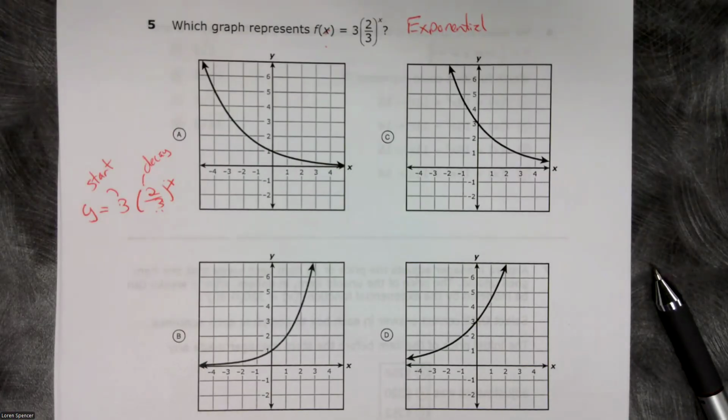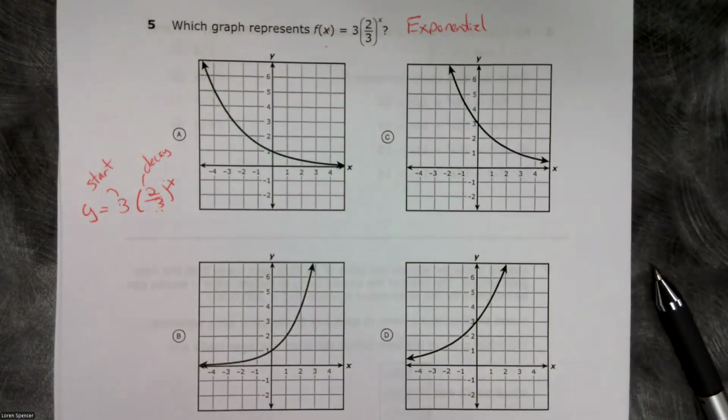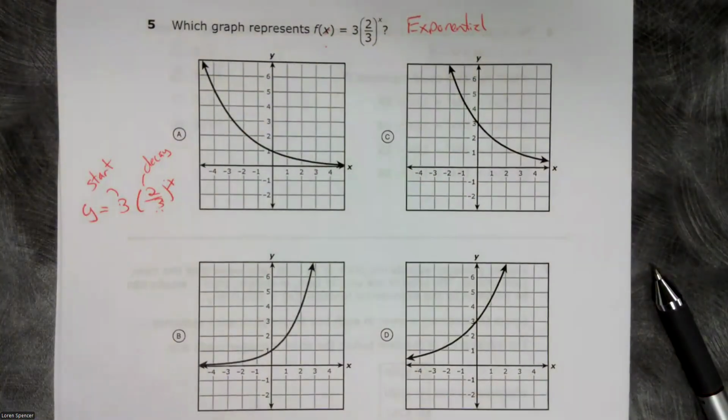Y equals 3 parenthesis 2 divided by 3. And let's get rid of that. Close that parenthesis up. I'm going to go to my keyboard here, and I'm going to push this A-B button. Oh, I'm sorry. I can't see it. Now you can.